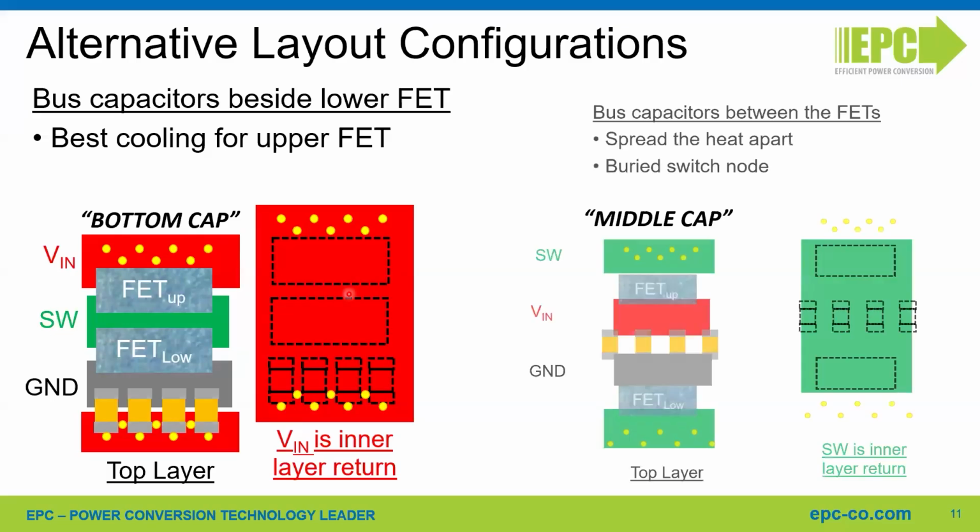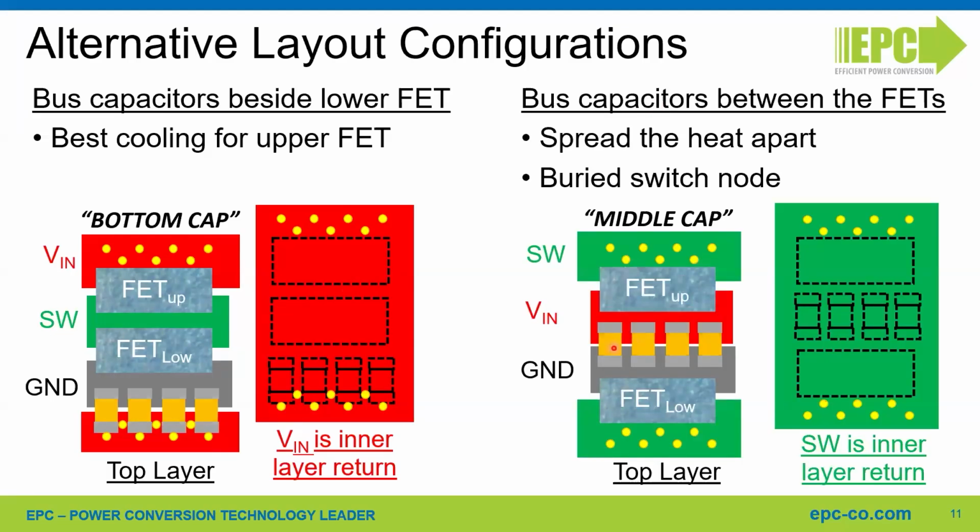The other option is to place the capacitors between the high side and the low side FET. In this case, the first inner layer is the switching node, and this has two advantages. The heat generated by the two FETs is spread more evenly on the PCB because the FETs are more spaced, and also the switching node is buried on an inner layer.